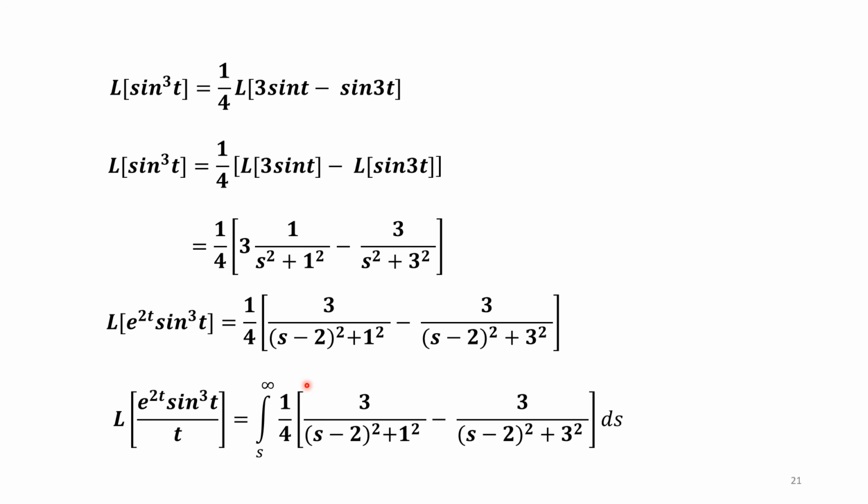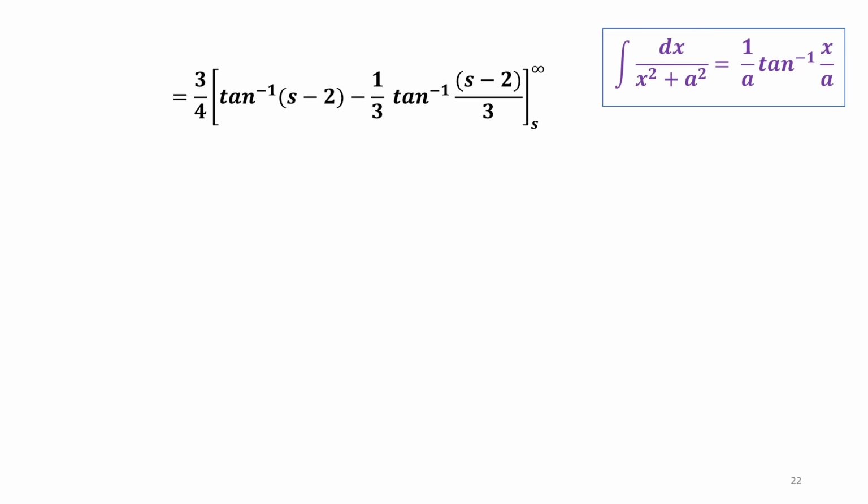So whatever answer we have got for L of e raised to 2t sine cube t, that answer has to be integrated between the limits s and infinity. Applying this formula to integrate that, again 3 is constant which can be taken common.